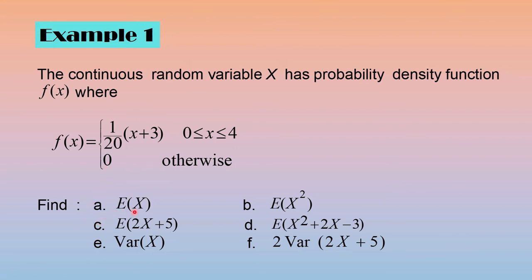Find a, expected value for X; b, expected value for X squared; c, expected value for 2X plus 5; d, expected value for X squared plus 2X minus 3; e, variance of X; and f, 2 times variance of 2X plus 5.